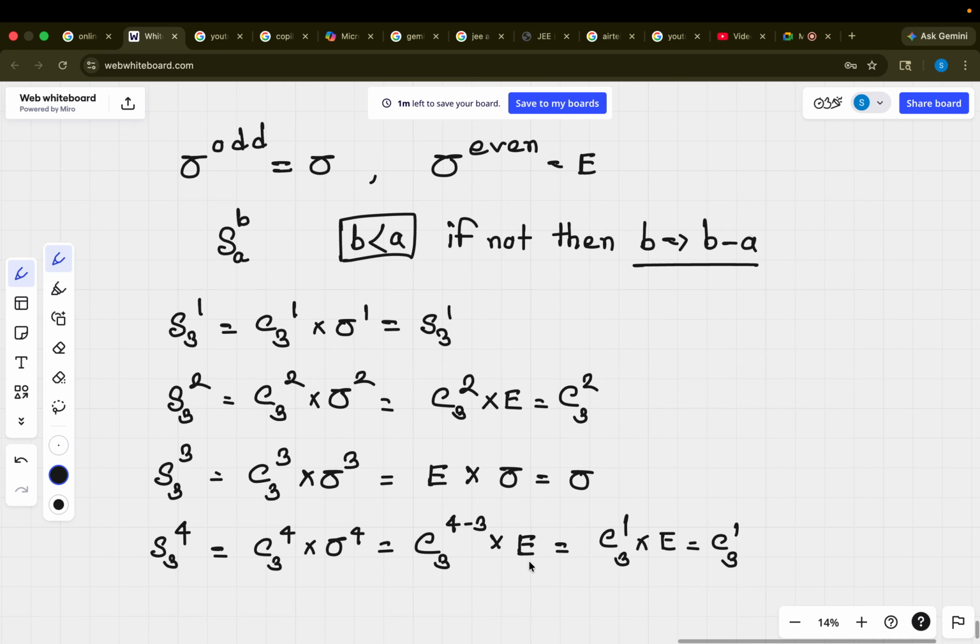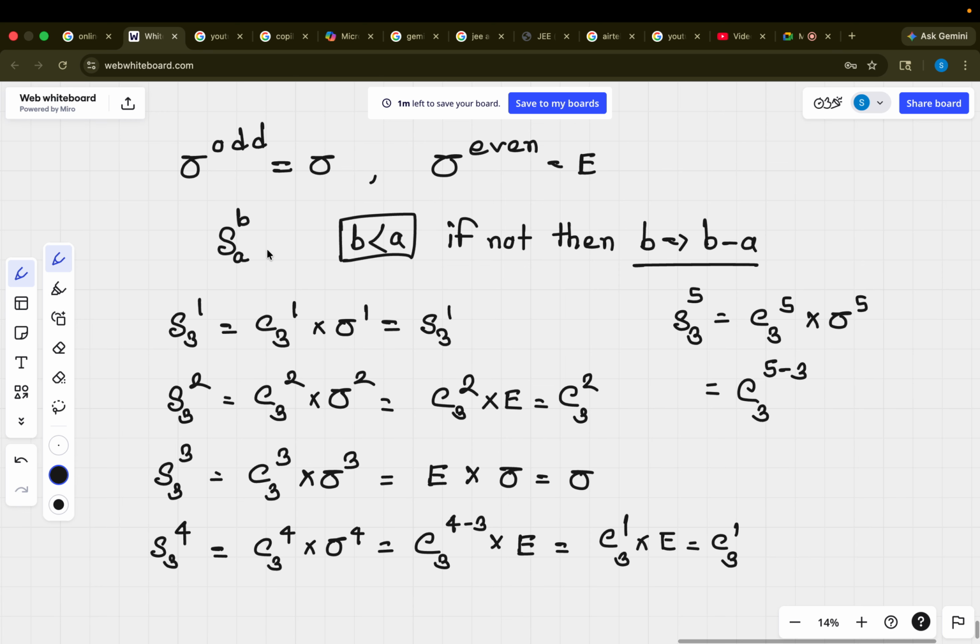That will be equal to C_3^1. Suppose you have S_3^5. That will be equal to C_3^5 into sigma 5. Now C_3^5 I can write like this: C_3 with 5 minus 3. If B is less than A, that is fine.